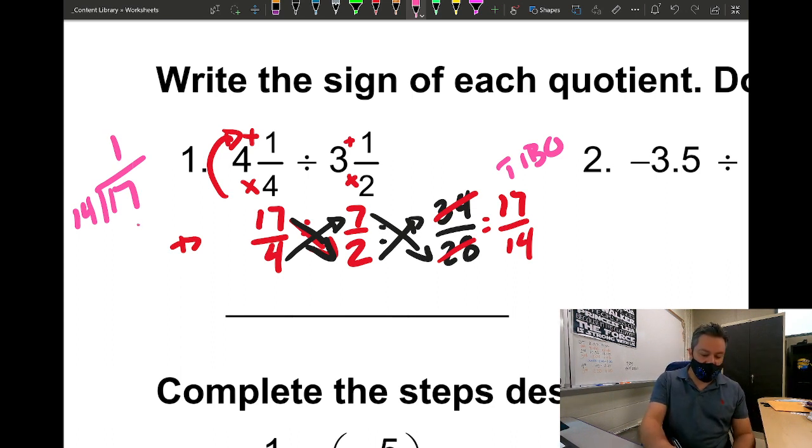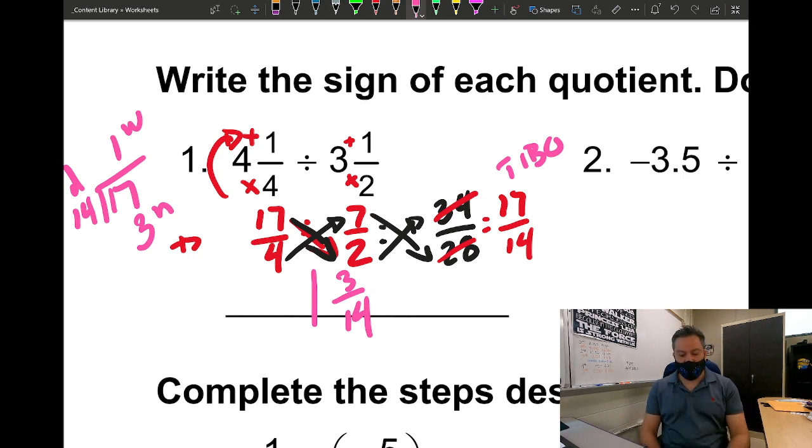Subtract that and you get 3. So my answer is going to be, this is the whole number, numerator, denominator. 1 whole and 3 14ths. Both of them are positive, so I don't have to worry about the signs. Remember? Positive, positive, happy. That easy. Any questions so far? All good?